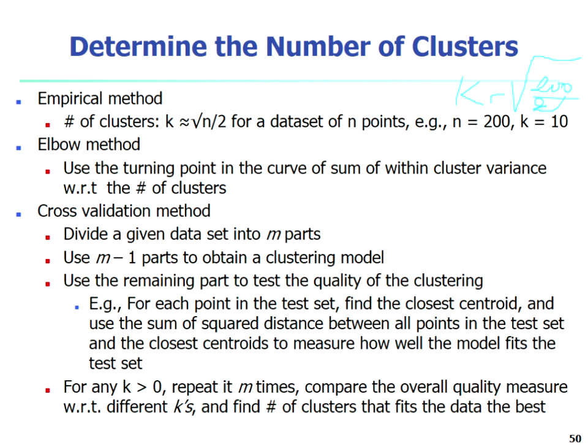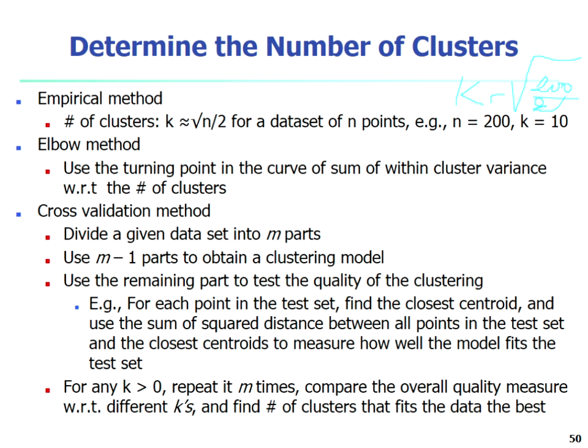Elbow method: use the turning point in the curve of the sum of within-cluster variance with respect to the number of clusters. We can also use the cross-validation method. We divide a given data set into m parts. We use m-1 parts to obtain a clustering model, and we use the remaining part to test the quality of the clustering.